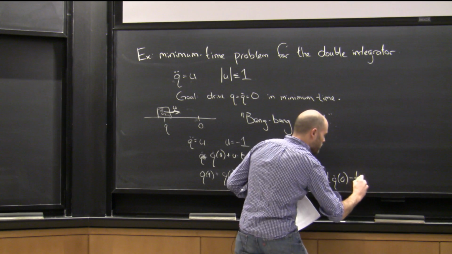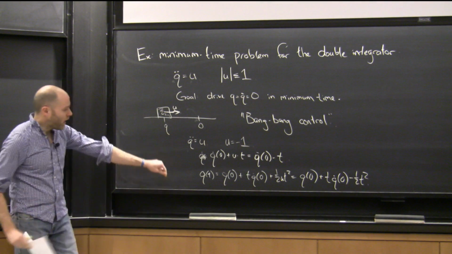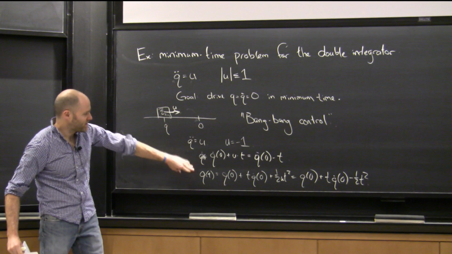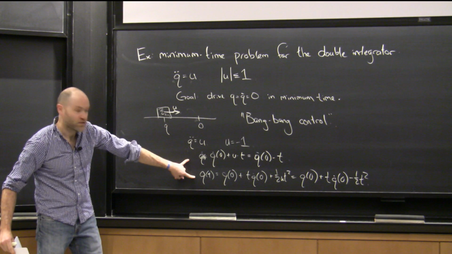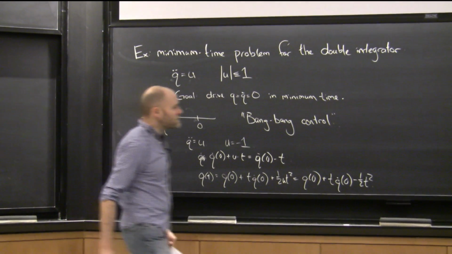This is one of the few differential equations I can do on the board here, and it's got the trivial second order solution. What does that look like in phase space?